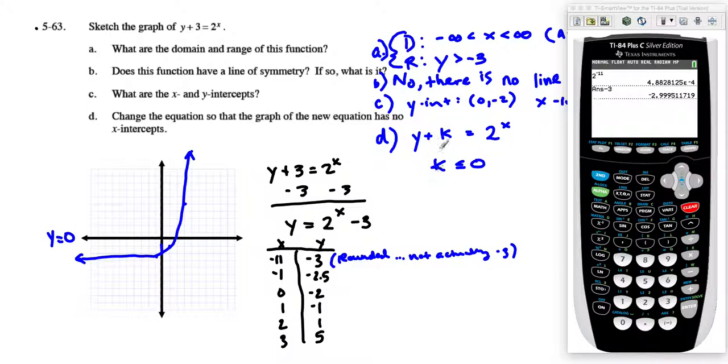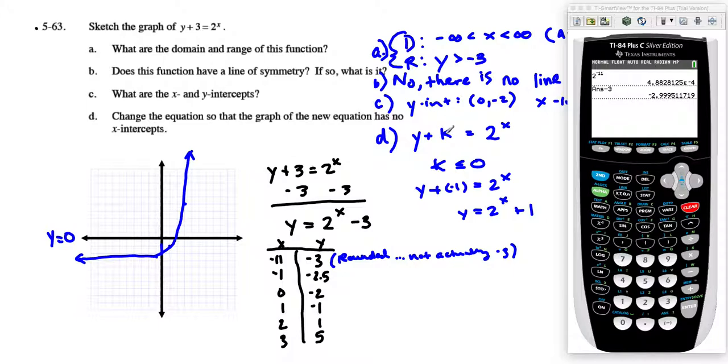So let's think about that. If I put in there 0, we moved it over there, that would work. If I said y plus negative 1 is equal to 2 to the power of x, well, I had to get rid of this minus 1, so I'd add it to each side, and I'd end up with y equal to 2 to the power of x plus 1.